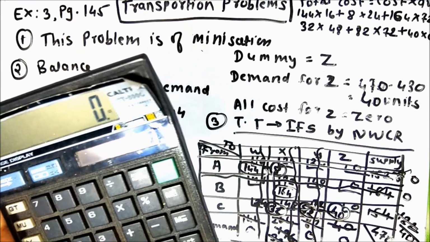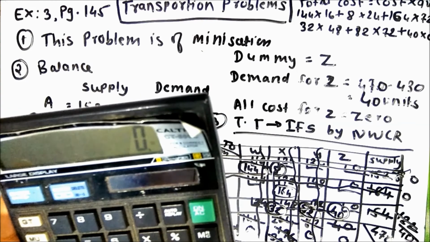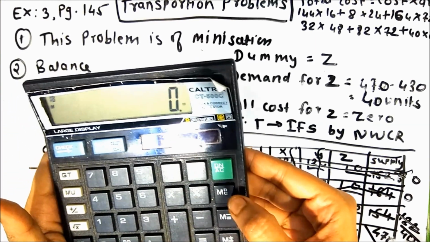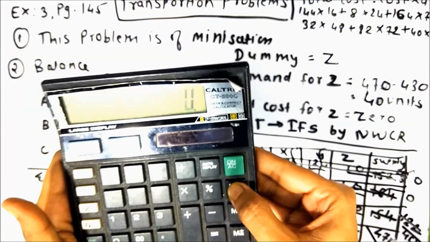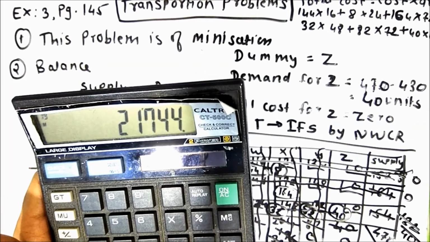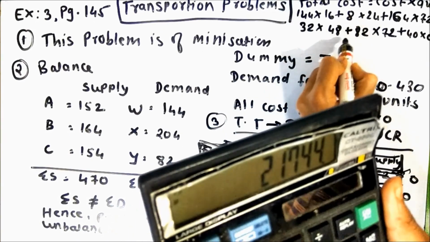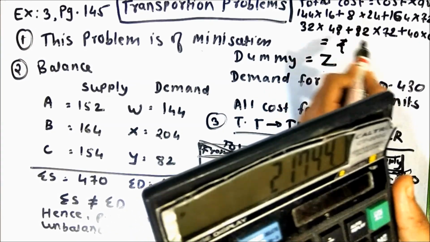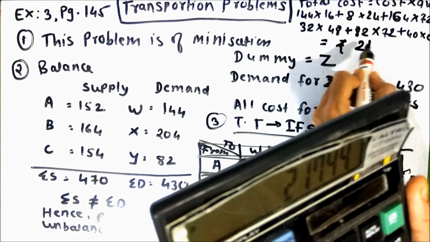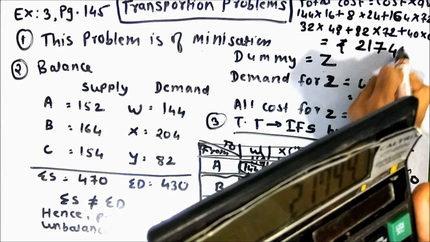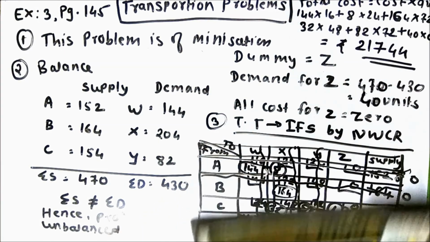Now once our last M plus is pressed, lastly we have to click on MRC. So let me press MRC, that is 21,744. So our total cost will be rupees 21,744. So this is our answer.